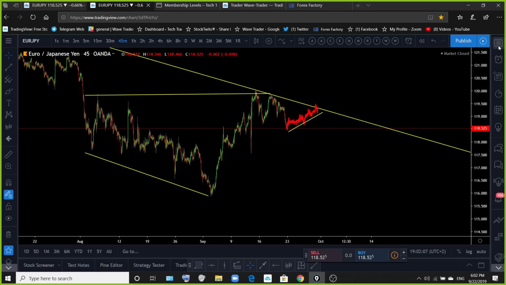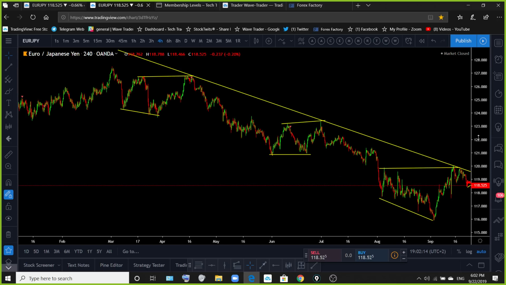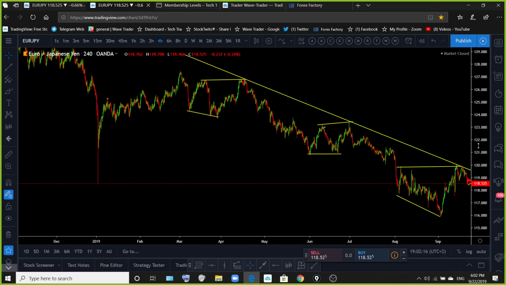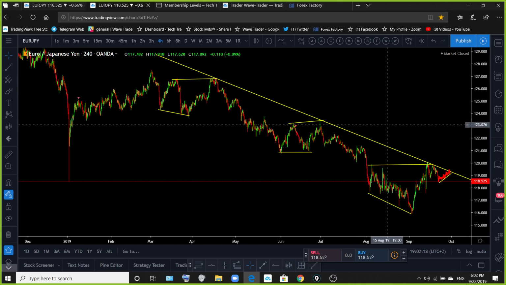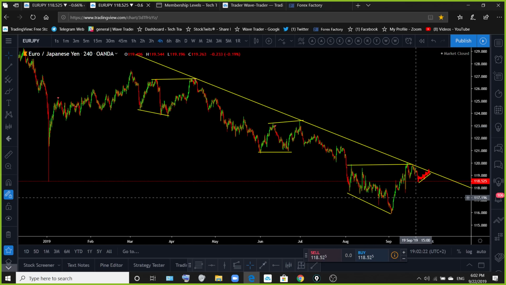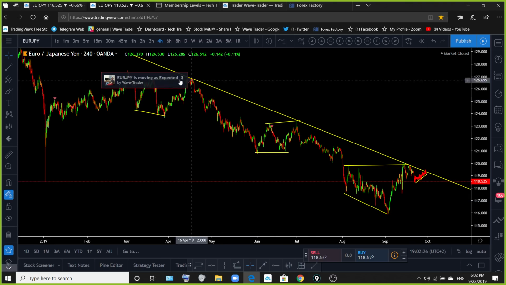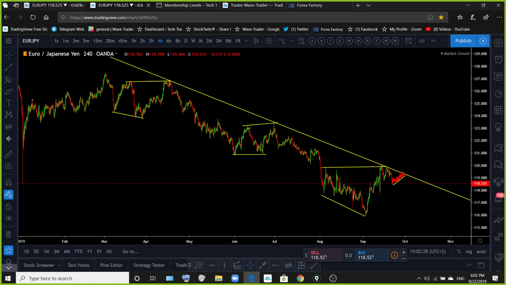So, a nice pair to trade for the downside, but as I said, guys, make sure you understand the price action. You get into the trade after having nice price action before. Let me show you another example. Let's get back to this chart. Similar structure.